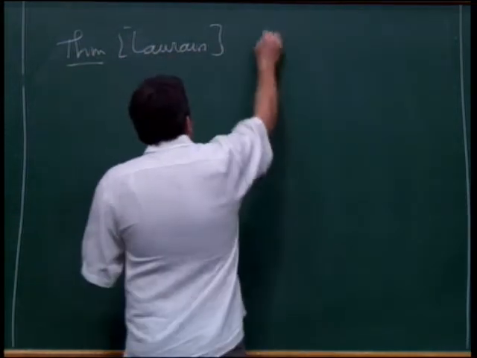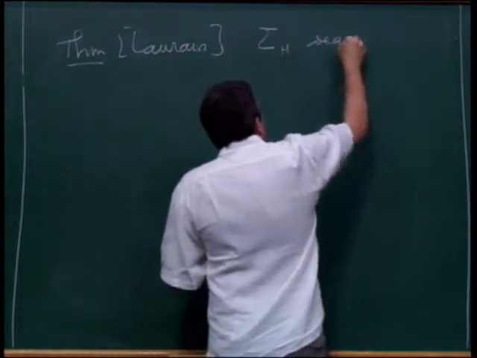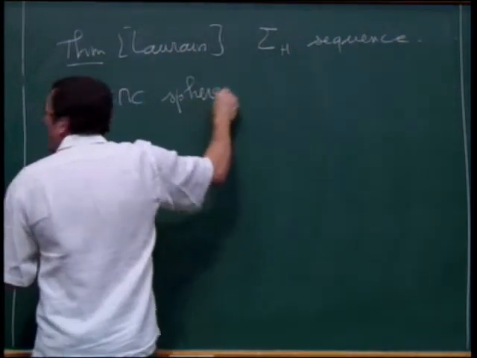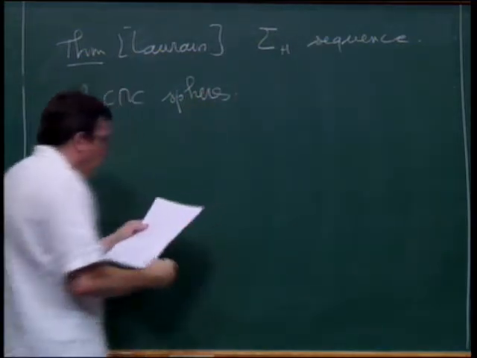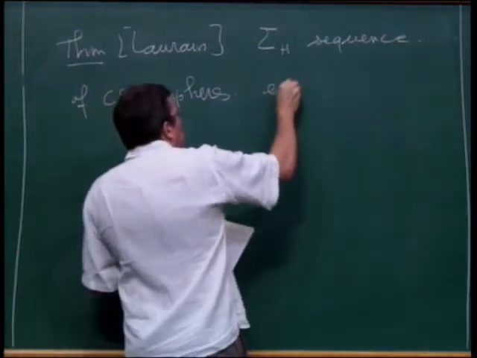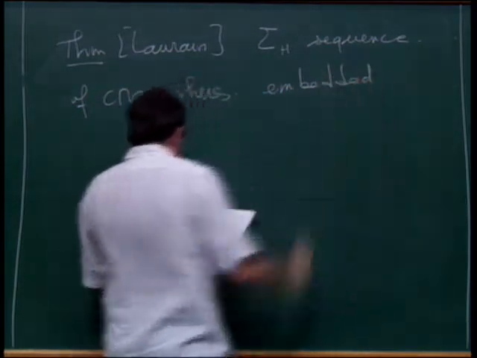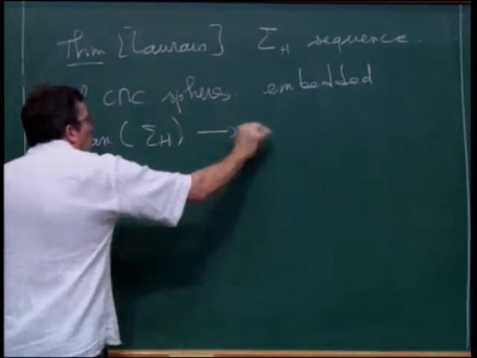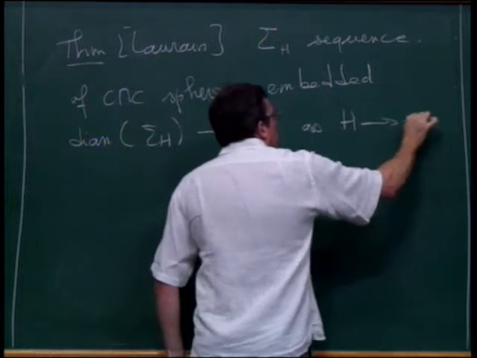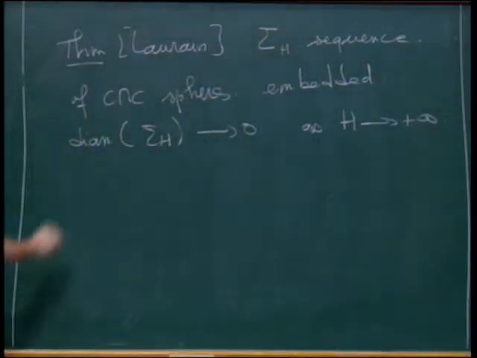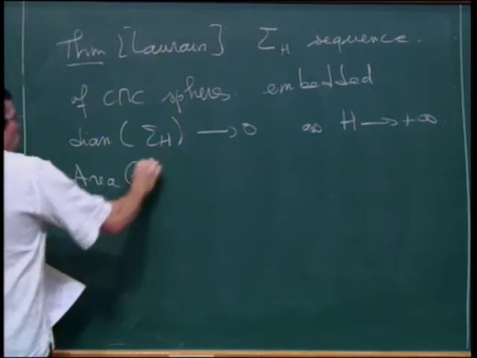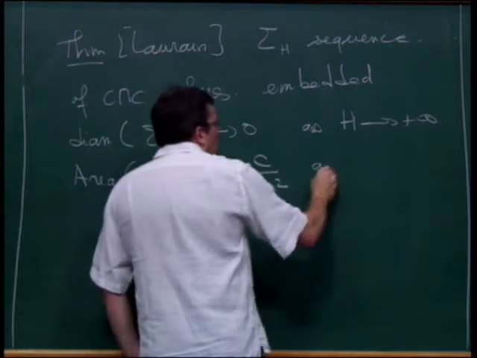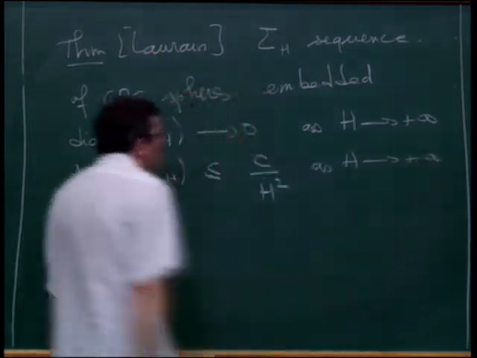He says that if you have Sigma_H, a sequence of embedded constant mean curvature spheres, and you assume that the diameter of these spheres tends to 0 as H tends to infinity, and also that the area of these spheres is bounded by a constant divided by H squared, still as H tends to plus infinity.